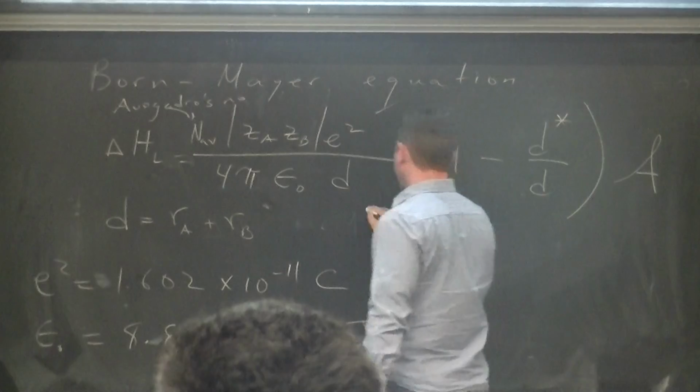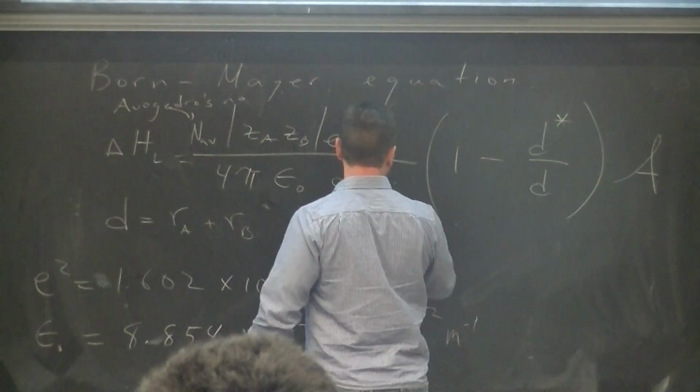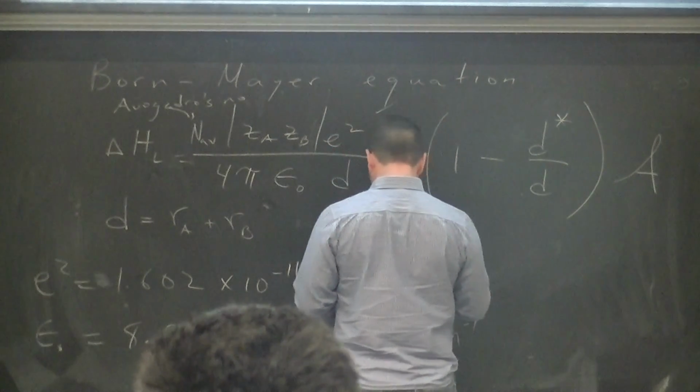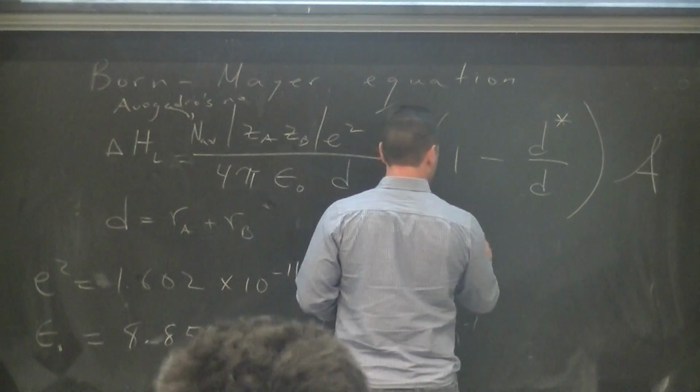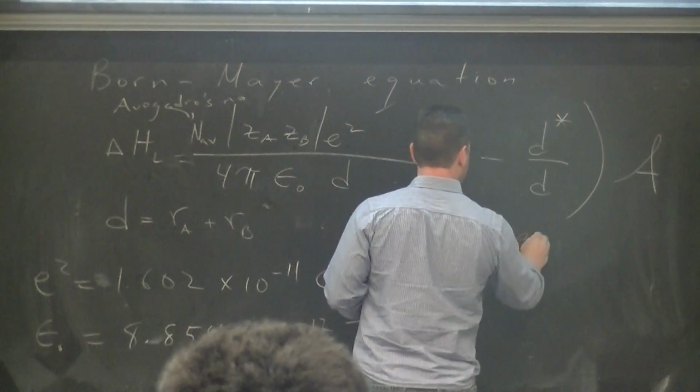D star is a constant, which is equal to 34.5 picometer.